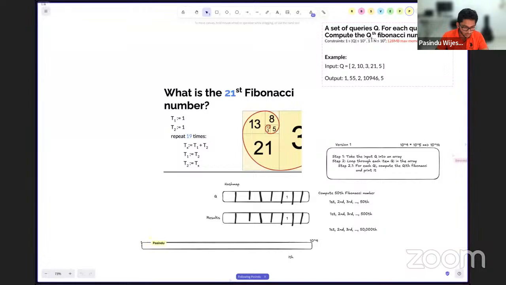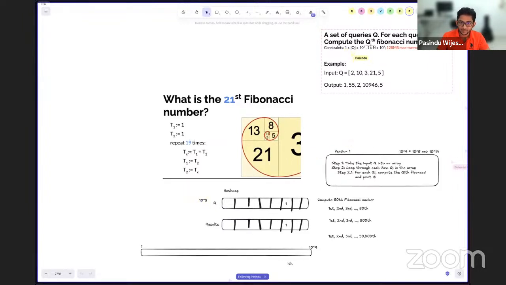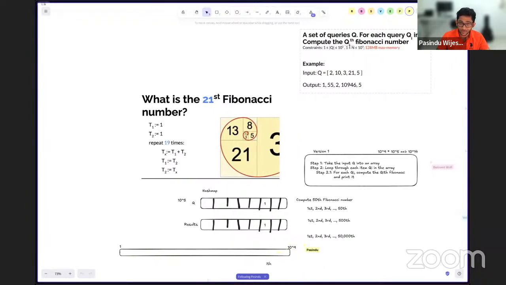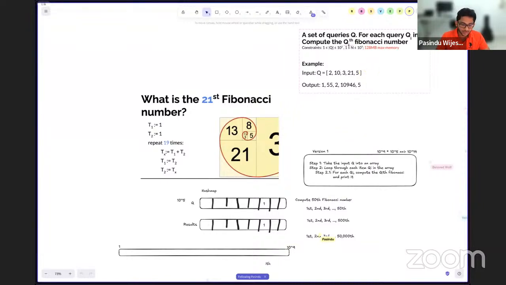That is a very big array, versus this results array, which is going to be at max 10 to the power 5 in size, because in our input constraints, Q is at max 10 to the power 5. If we were to store the whole 10 to the power 9 array, it's going to consume quite a huge amount of memory. If you were to store an integer array of 1 billion items, it's going to consume around 1 gigabyte of your memory.